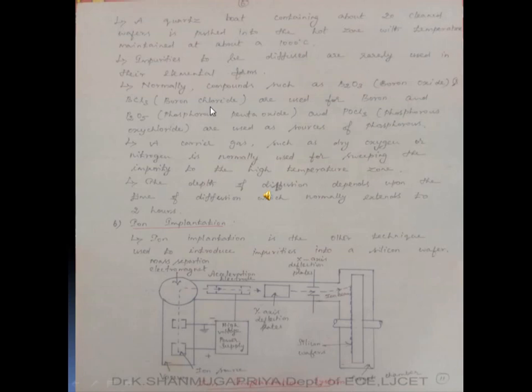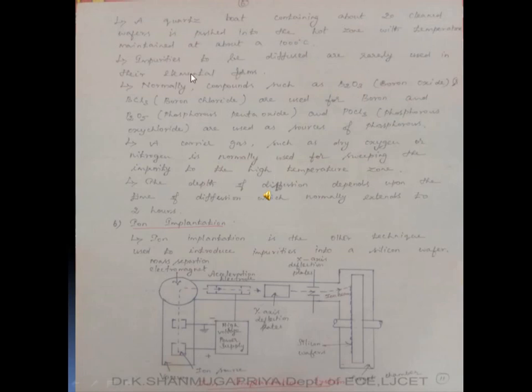The impurities normally used are compounds such as boron oxide, that is B2O3, boron chloride BCl3, phosphorus pentoxide P2O5, and phosphorus oxychloride POCl3 for P and N type impurities.